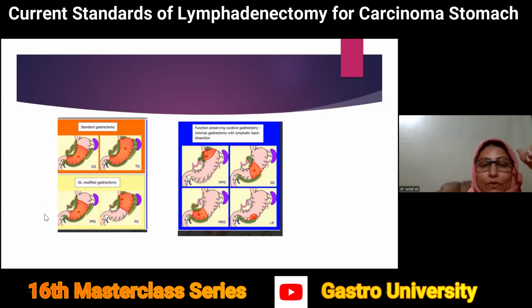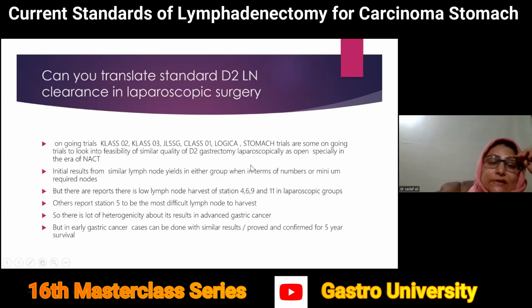For example, what they have put up in their study is that where you would end up removing so many lymph nodes and so much tumor, you can actually preserve and remove very little, and there can be organ preservation as well as lesser morbidity. They have also discussed whether it can be translated into the laparoscopic or minimal access approach.